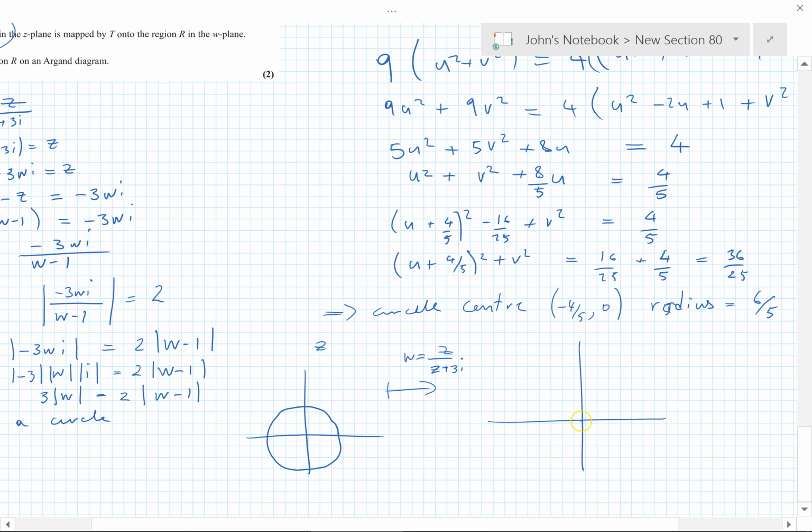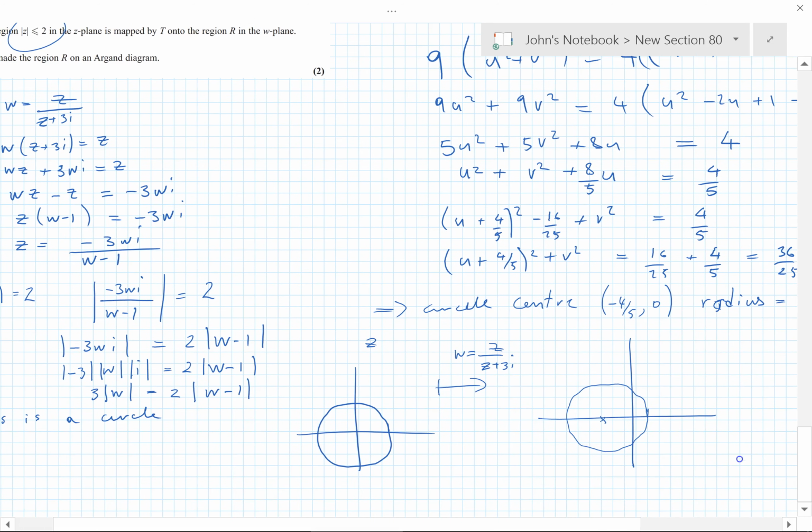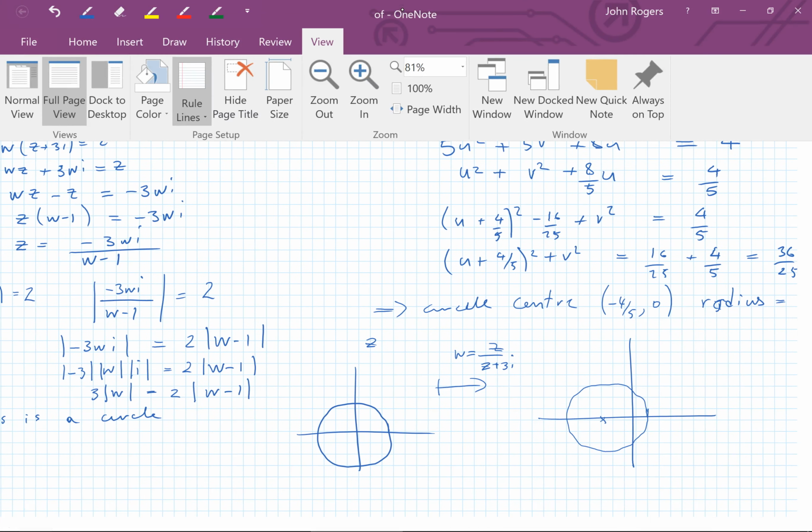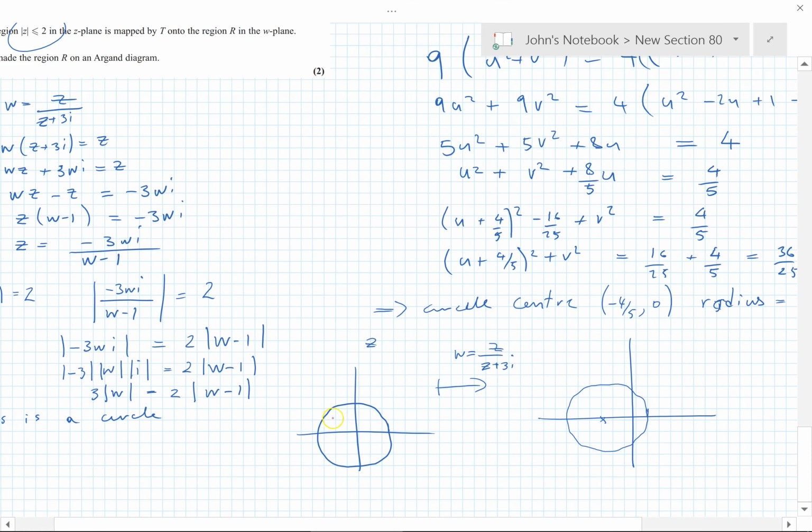It's going along 0 along the y-axis, but minus 4 over 5, so it's doing this, looking a little bit, kind of shrunk the radius a little bit, but anyway, it's doing that. And it's basically asking us where does this region map to?